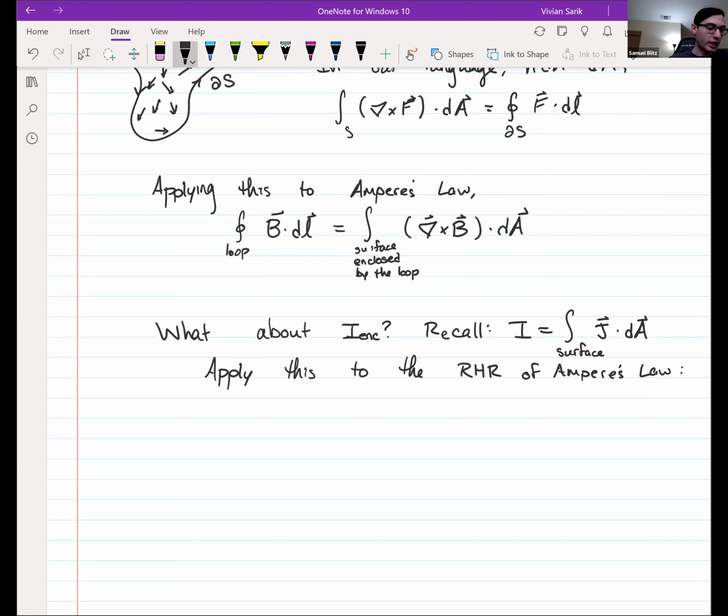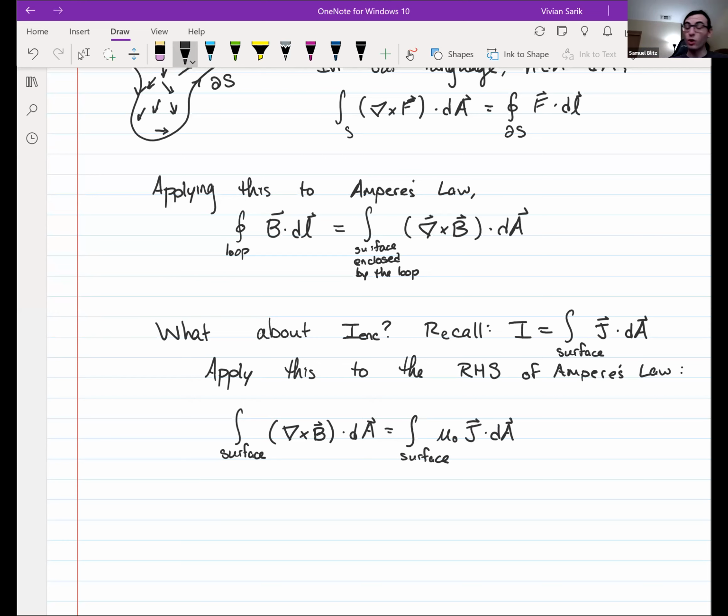And what we end up with is an integral over the surface enclosed by the loop of the curl of B dot dA is equal to an integral over the same surface, because this is the current passing through that surface, right? So in this case, it's mu naught J dot dA.